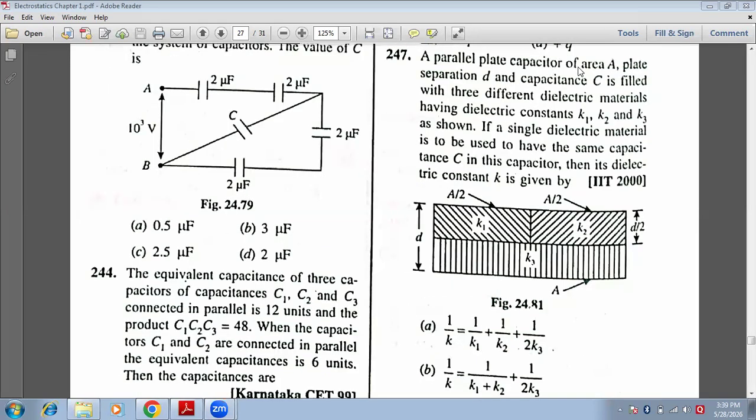A parallel plate capacitor of area A, plate separation d and capacitance C is filled with three different dielectric materials having dielectric constants K1, K2 and K3 as shown.